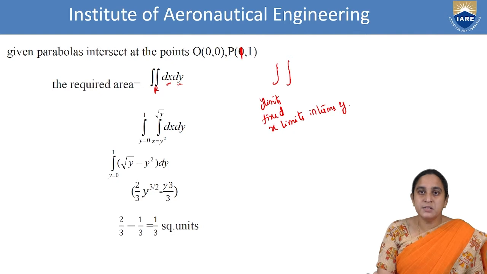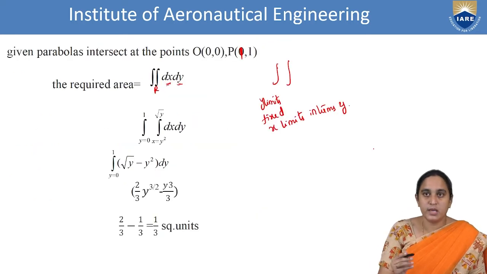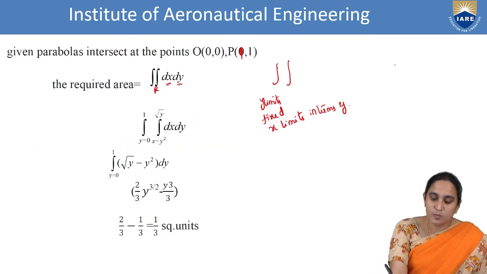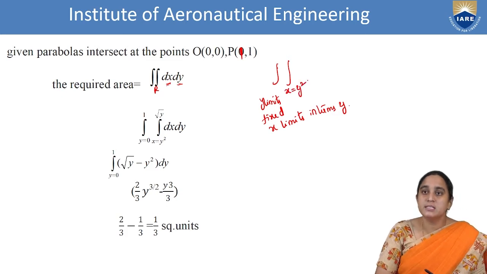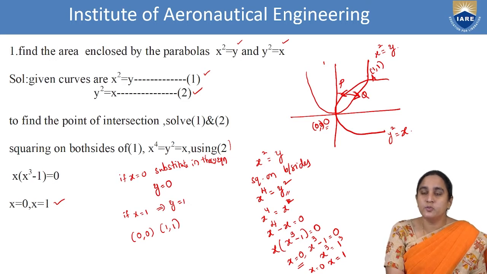What are the x limits here? Where the horizontal strip initially touches, at point P, the curve is what? X is equal to y square. Here x is equal to y square. That means the lower limit of x is x is equal to y square. And what about the end point? At point Q, it touches x square is equal to y, right?